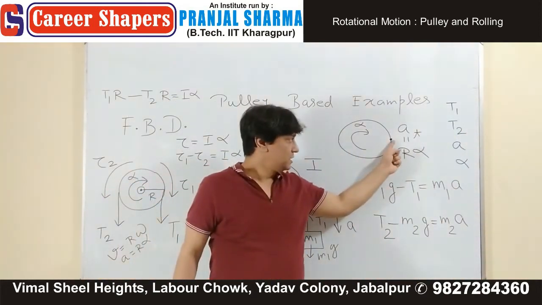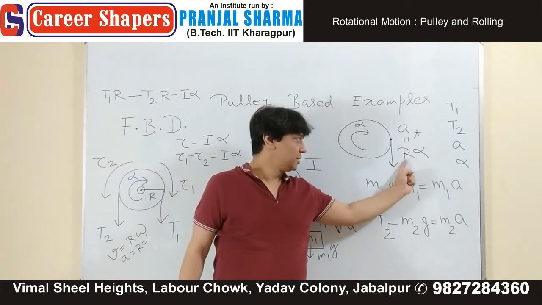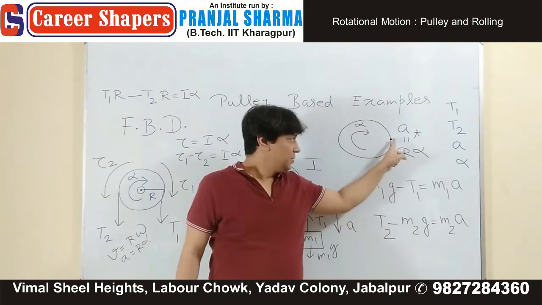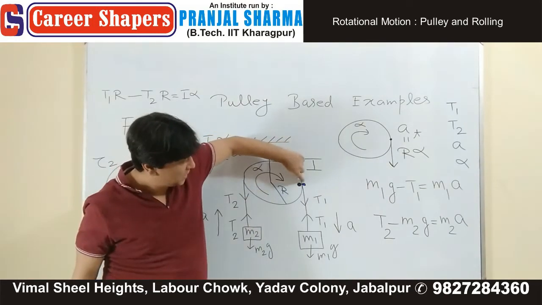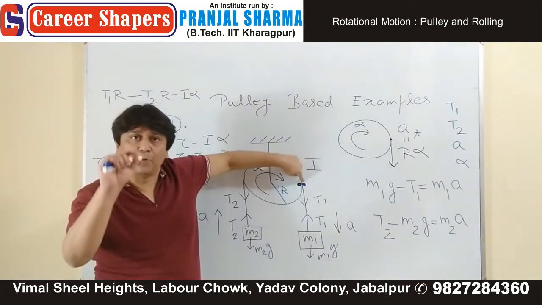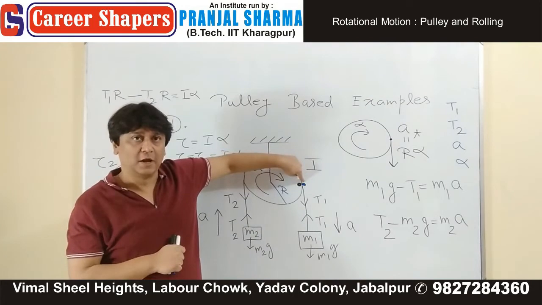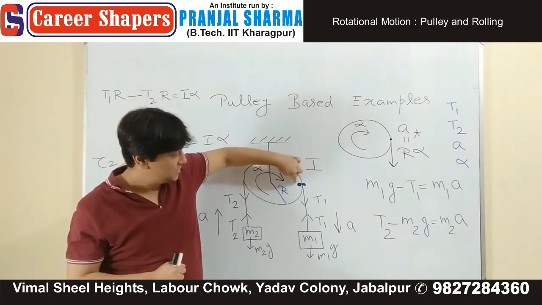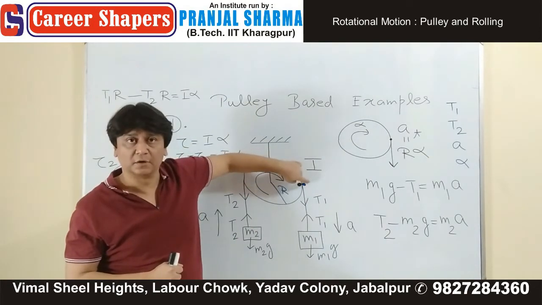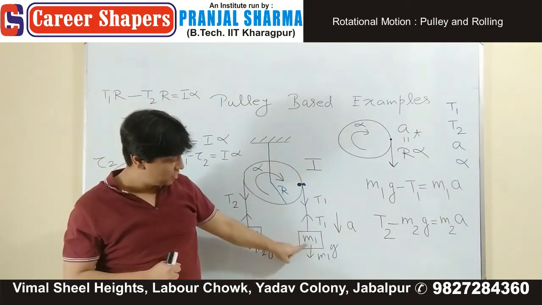This point, its tangential acceleration is what? R alpha. But this point is also touching the point of the rope, and they are not slipping against each other, which means they have the same acceleration. But what is the acceleration of M1?